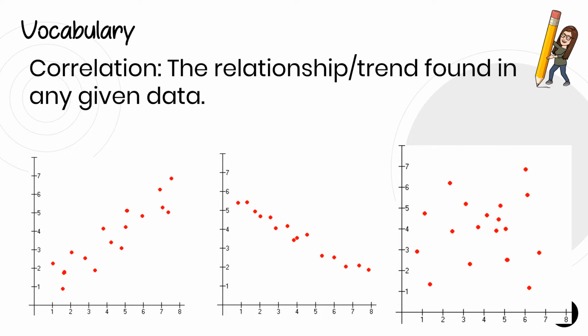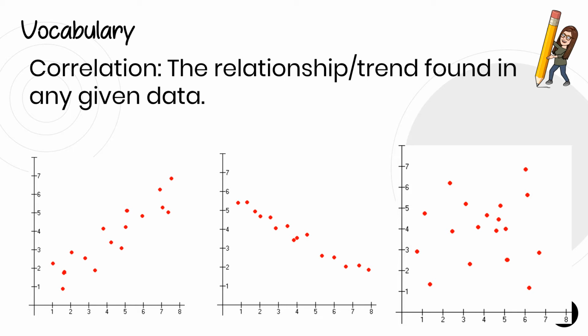Let's talk about the vocab word correlation. Correlation is the relationship trend found in given data. The relationship trend, meaning if I just make a general statement about what I see. So let's look at that first graph on your note sheet. It looks like this. If I asked you what the correlation is, right?